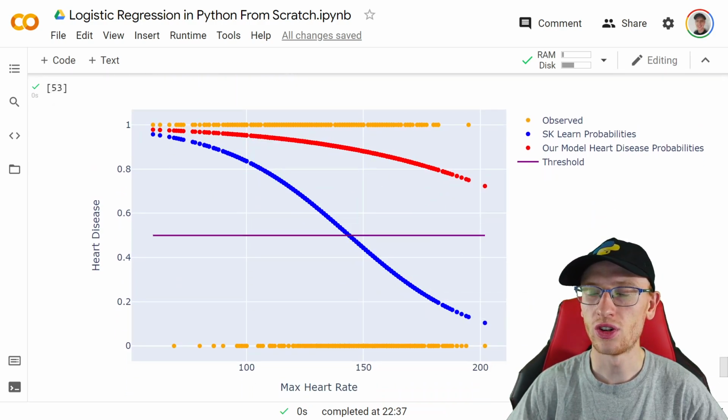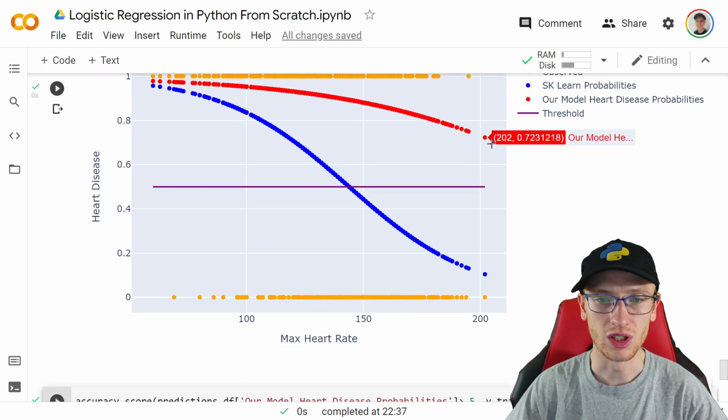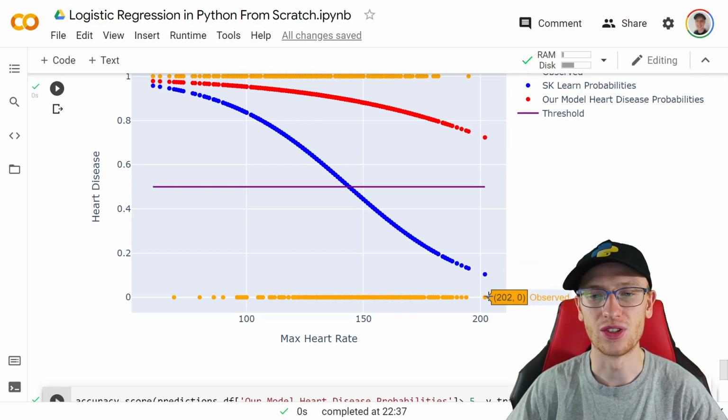And in particular, we're still going to actually minimize the mean squared error, which means here we have error. This is actually 1, but we predicted like 0.97. Here we have a ton of error. We predicted 0.94, but it was 1. And here, this value here, we have a ton of error because we predicted 72%, but it was actually 0%. So that's off.